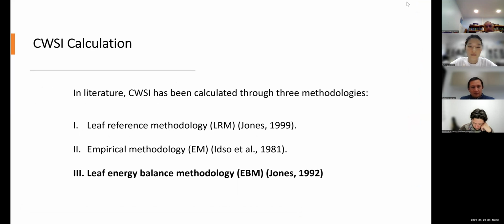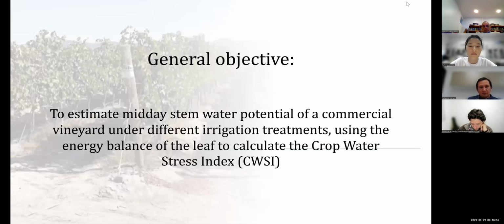So in literature, this index has been calculated through three main methodologies, where we have the leaf reference methodology, the empirical method, and the leaf energy balance methodology, which I highlight in here because it incorporates far more climatic information.